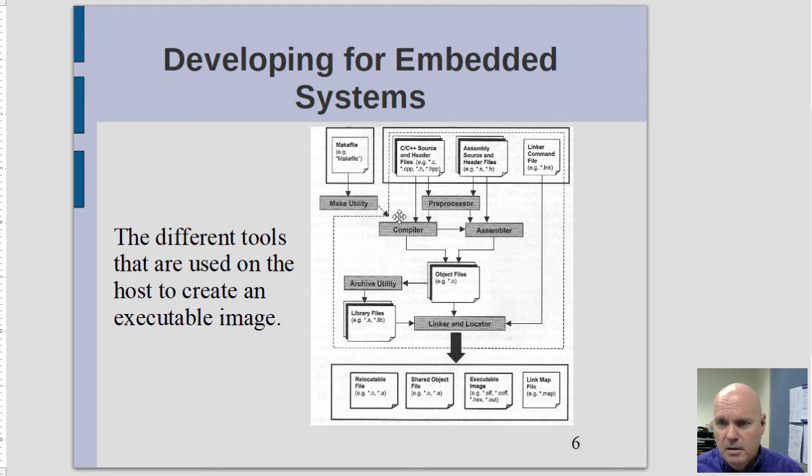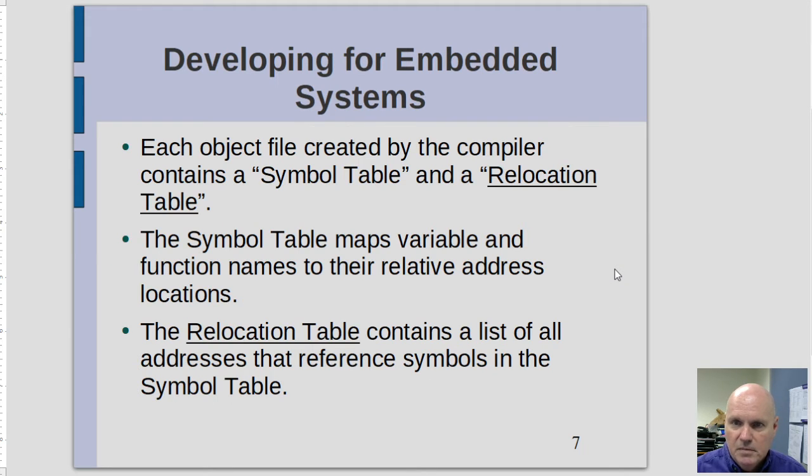A make file, so compile, assemble, pre-process, all controlled by make, all to produce different object files. And then we have a linker that will take our object files in addition to library files to produce our final executable image file that we transfer to the target.